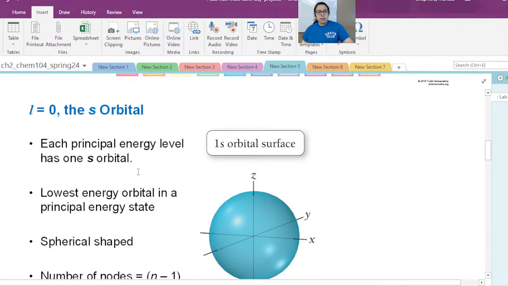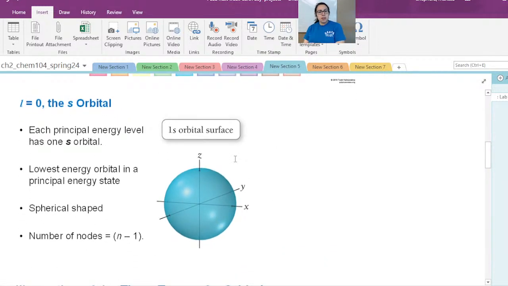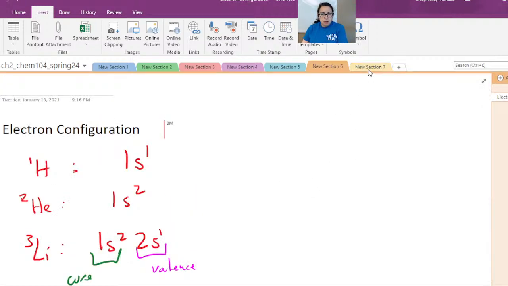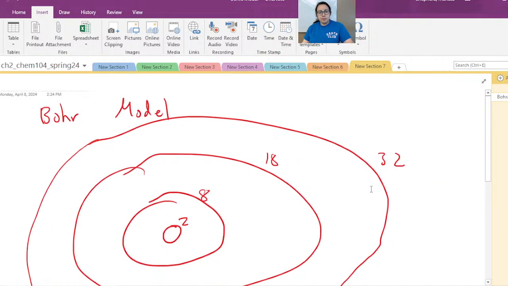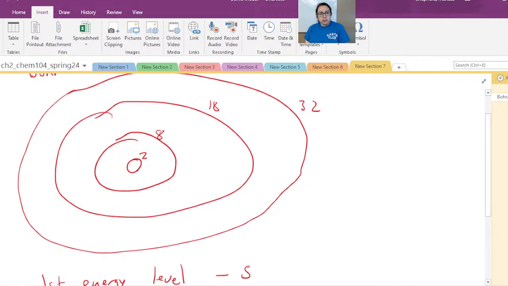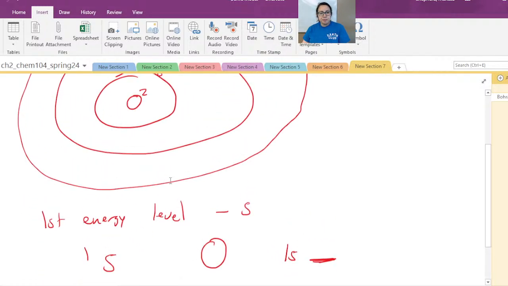We had started off by mentioning that we have these s orbitals, and these s orbitals look like spheres. Let's go back to our Bohr model for a second. What we started looking at was just this first n equals 1 ring, so just our first energy level.